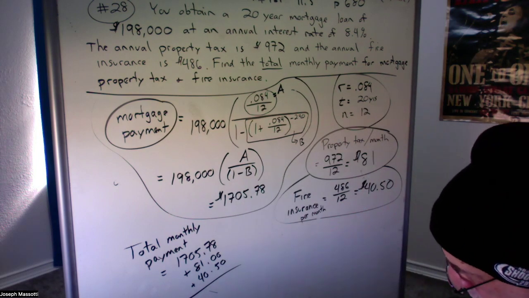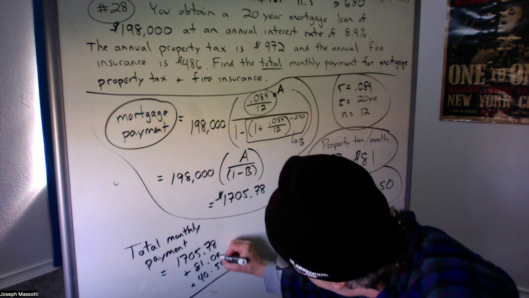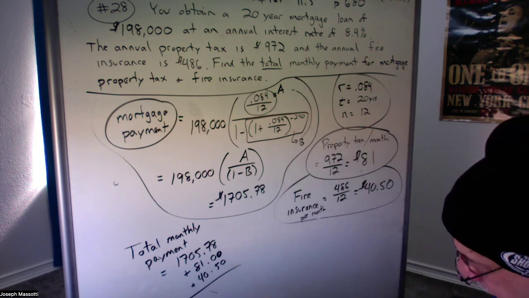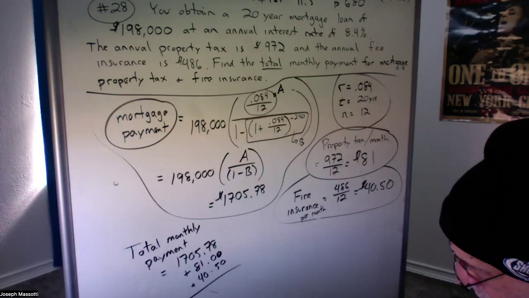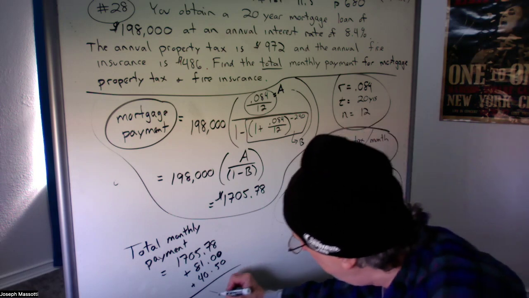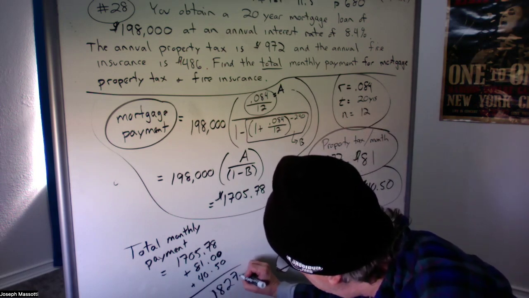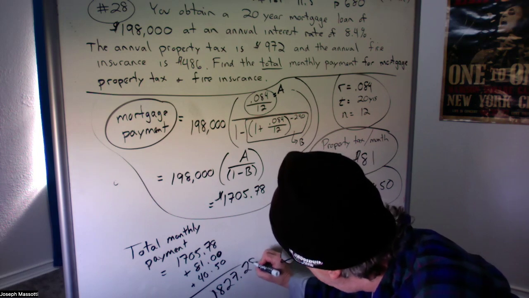So we can just add all that up. $40.50 plus 81 plus 1705.78 gives us a total monthly payment of $1827.28.